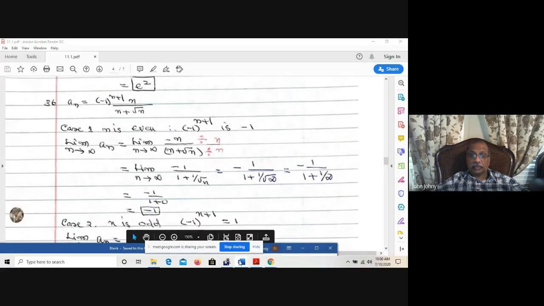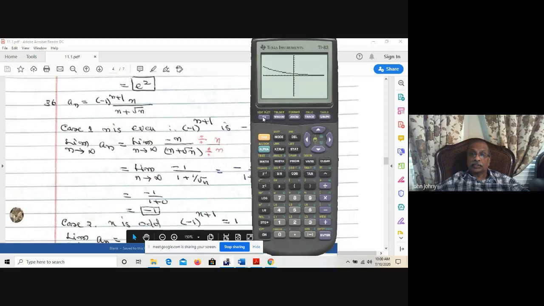Replacing n by x, you get y is equal to negative 1 to the power of x times x over x plus square root of x. And let us see the graph.